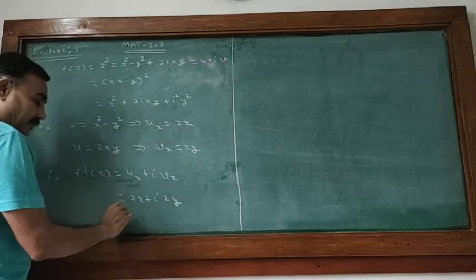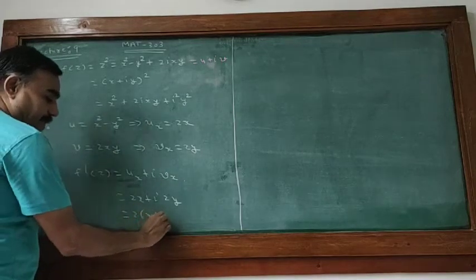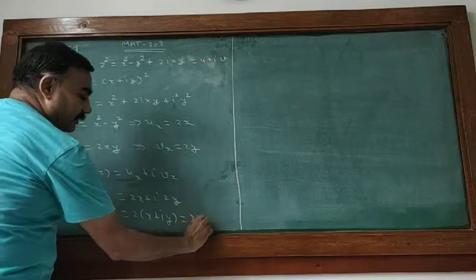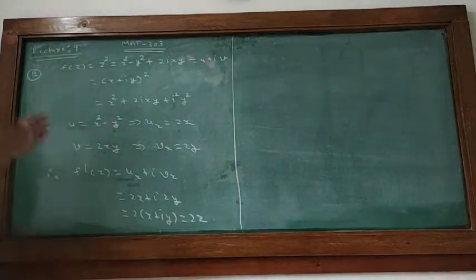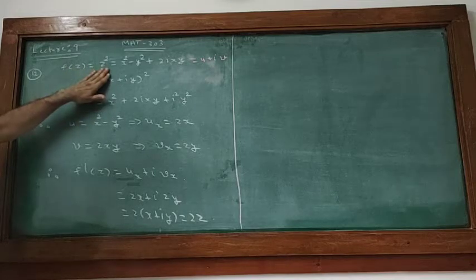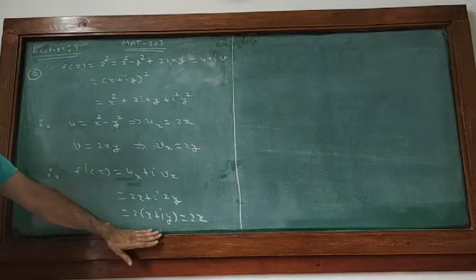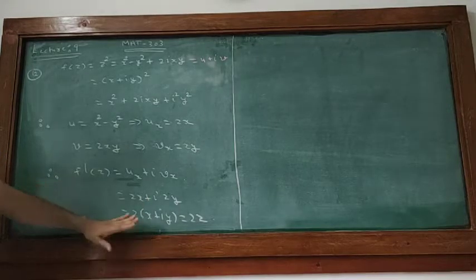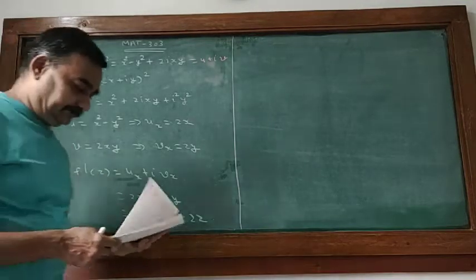If we take 2 in common, that is x plus iy, and that is 2z. And obviously we know that if the function is f(z) equal to z square, then f dash z is 2z, and by the definition of the CR equations we get the same answer.